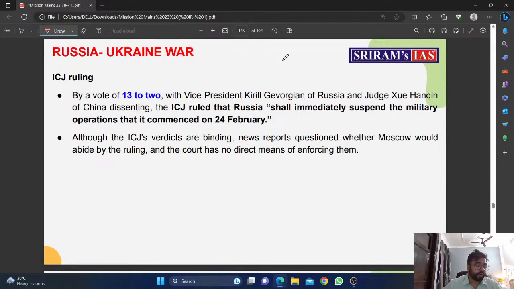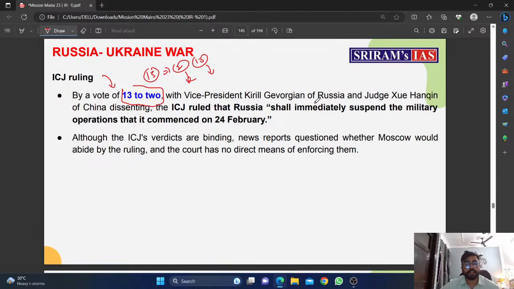Then on this Russia-Ukraine war, there was an ICJ ruling. The case was filed in the International Court of Justice with a vote of 13:2. That means there are a total of 15 judges. 2 favored Russia and 13 voted against Russia.